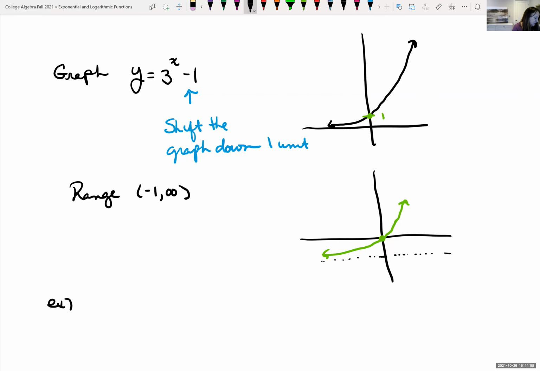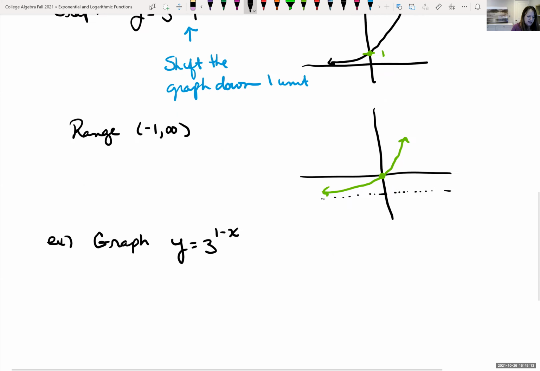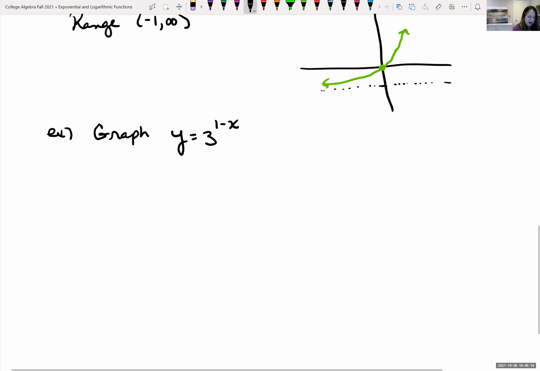What if it said, let's graph y equals 3 raised to the 1 minus x power? Maybe let's rewrite this a little bit and then talk about the transformations that are happening. We can rewrite this as y equals 3 raised to the -x plus 1.